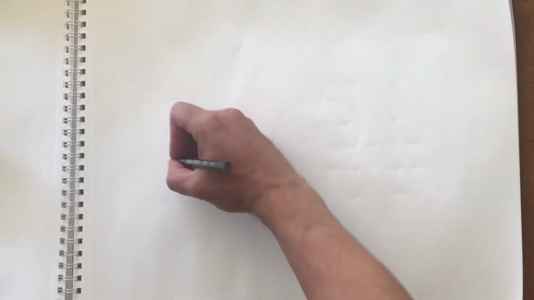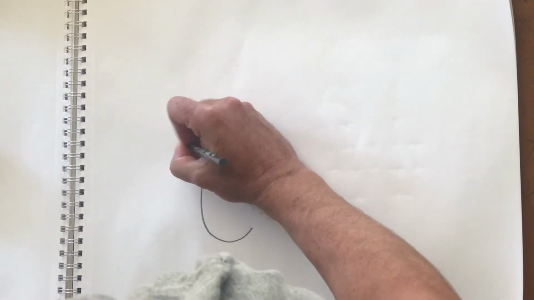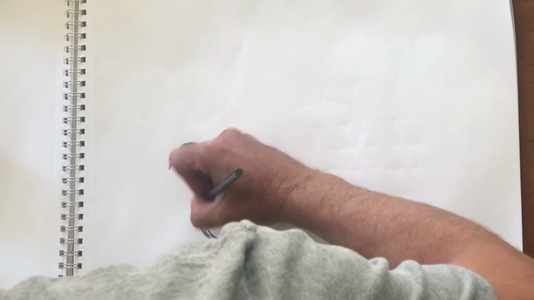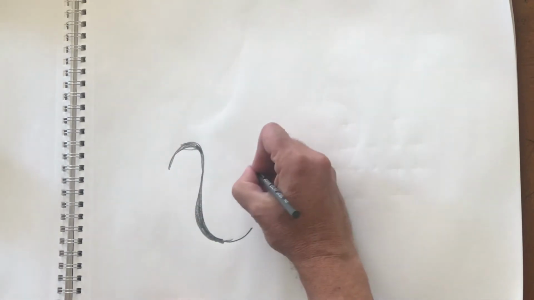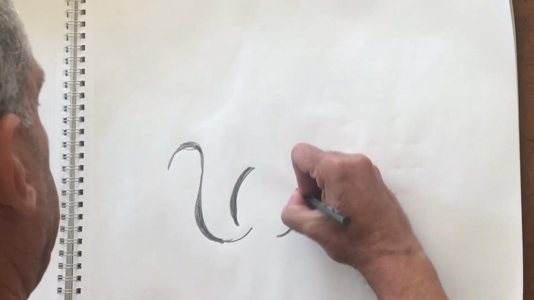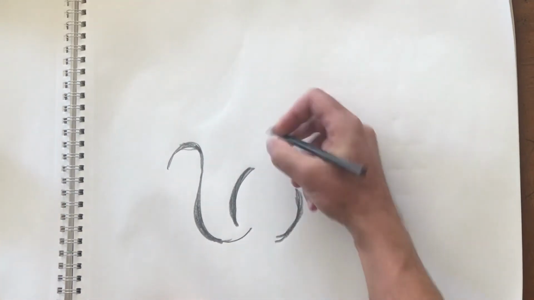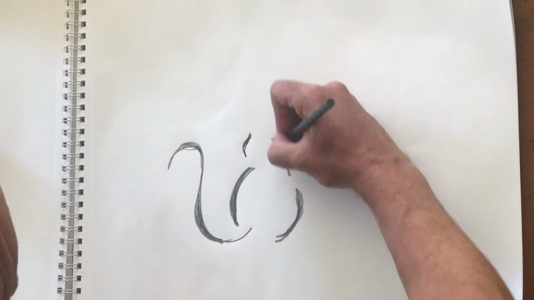So when you're drawing, you can also emphasize form that way. By making certain parts heavier. And certain parts lighter.